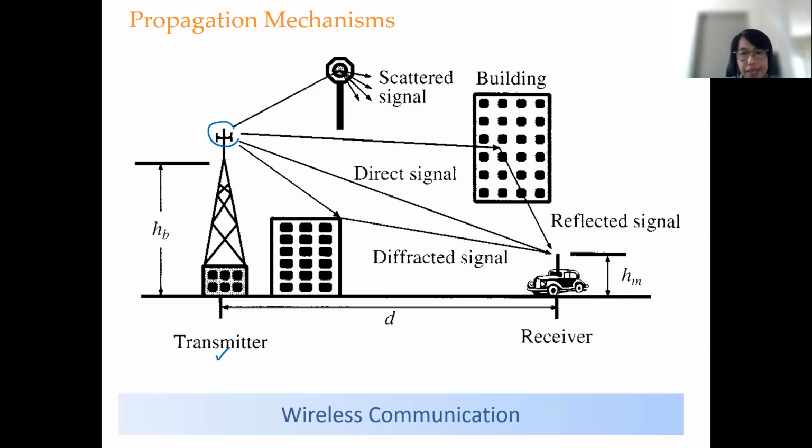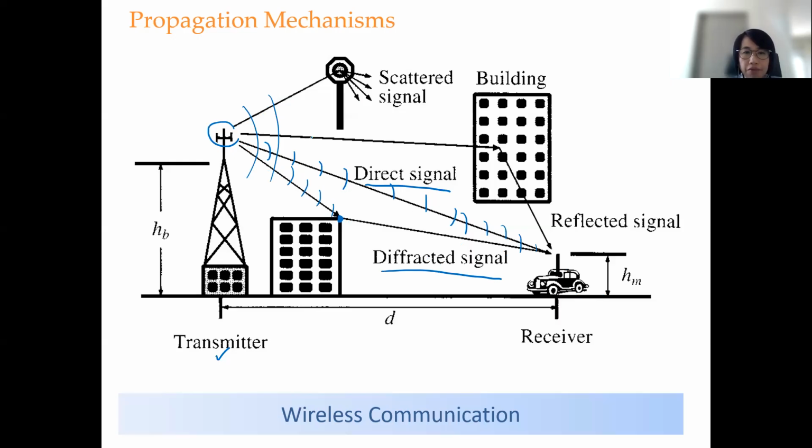In this scenario, we can receive a direct signal, because some part of the transmitted signal still reaches the receiver directly. But some may be incident on the edge, and then the wave will go in another direction. This is called a diffracted signal.